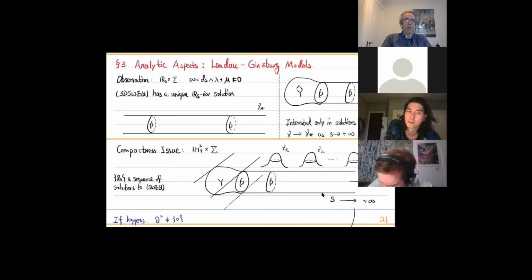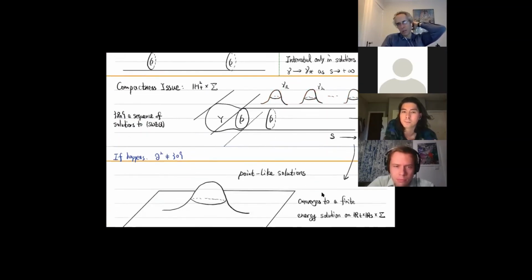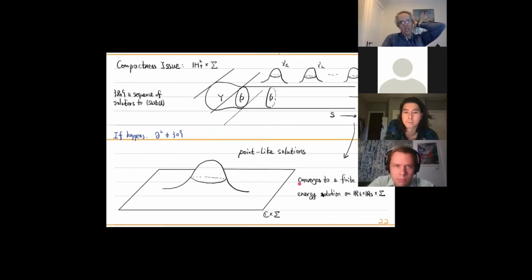But the problem may arise if we consider a sequence of solutions to the monopole equations. Then maybe some amount of energy will eventually slide off along the cylindrical end and converge to a finite energy solution on C times sigma. And such a finite energy solution is usually called a point-like solution.